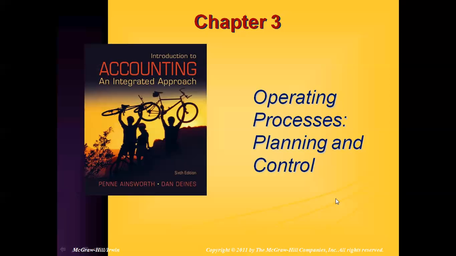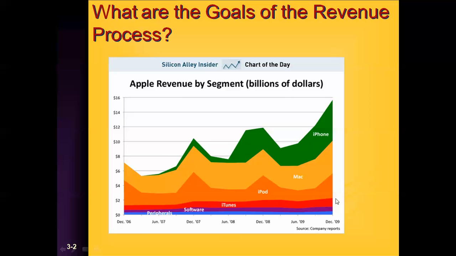Okay, let's get rolling here. The first thing we're going to talk about is the goals of the revenue process. Again, revenue is all about the stuff associated with getting sales.